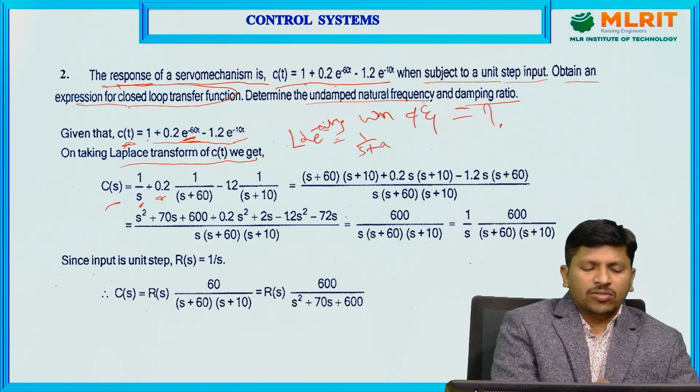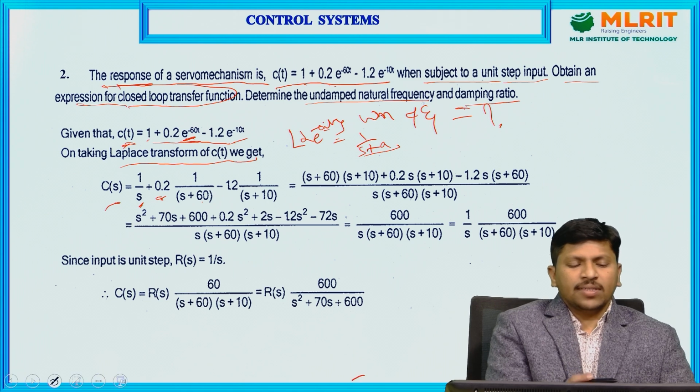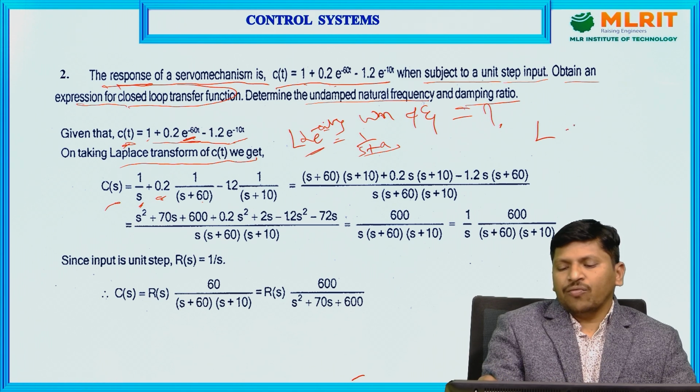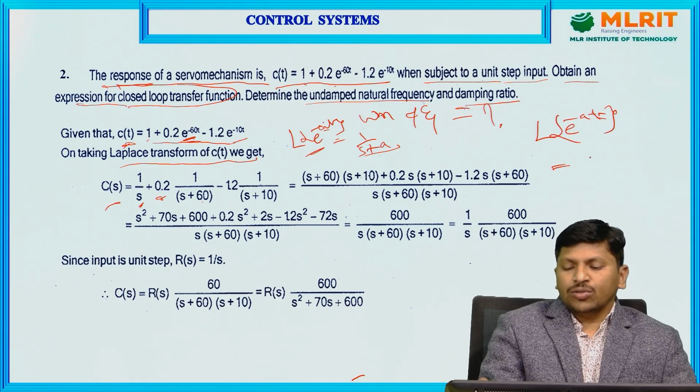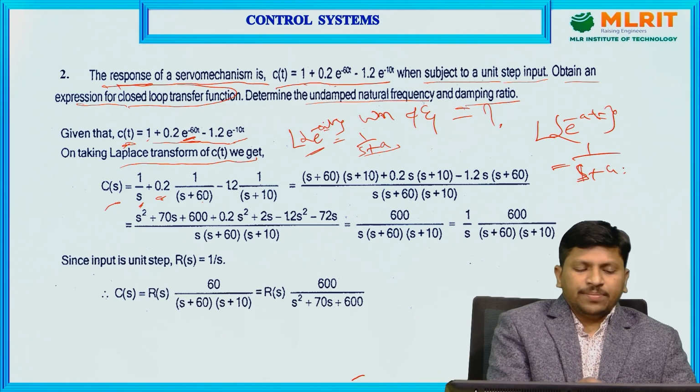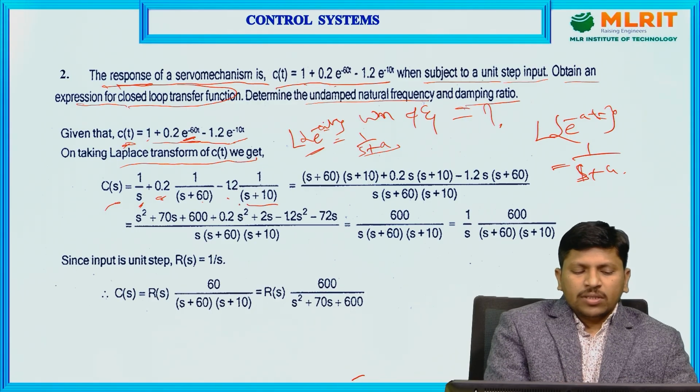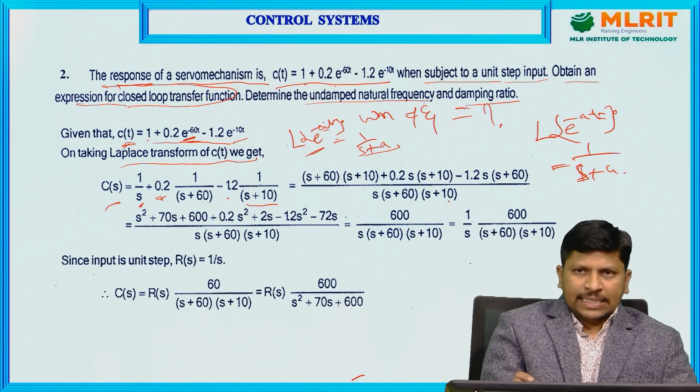Here a equals 6, so 1/(s+6). Minus 1.2 into the same formula, Laplace of e^(-at) equals 1/(s+a), so here 1.2 into 1/(s+10). By solving this one, take s into (s+6)(s+10) as the LCM.